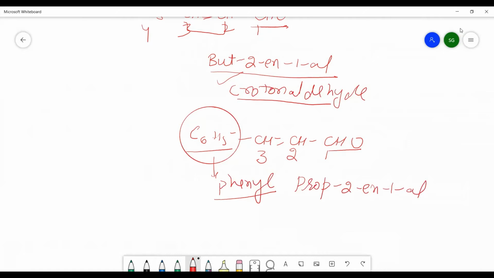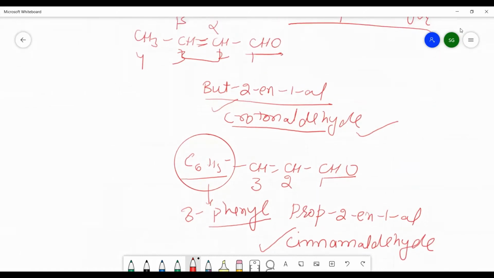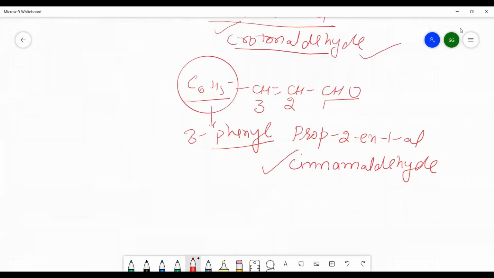So it is 3-phenyl prop-2-enal. And what is the common name for this compound? It is cinnamaldehyde. These two compounds you must know about. What is the IUPAC name for crotonaldehyde, and what is the structural formula for crotonaldehyde and for cinnamaldehyde? Then you can find out the IUPAC nomenclature for these compounds.